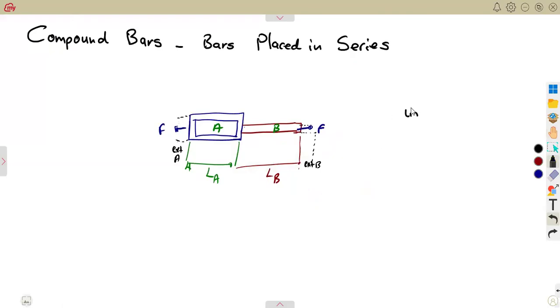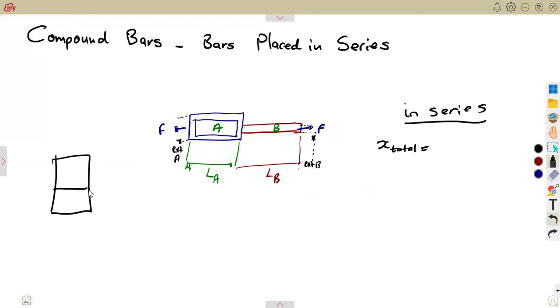So in series, we can conclude that since we saw that the extensions are different, the total extension is no longer to say A equal to B. No, it is the sum of these two because they are not the same. One at A and that at B. It is different from what we had in a parallel, when we extend the same way and the length is the same.